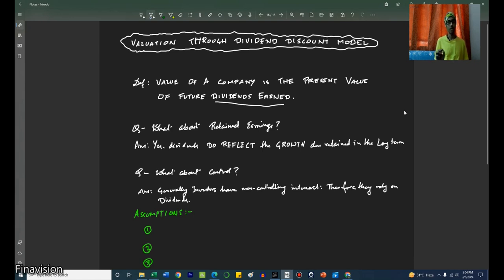Now, the most appropriate situations to use the DDM model or dividend discount model are as follows. We have to assume a few things. Dividend payout has to be stable and correlated to the profits, to net income, which means there has to be a steady kind of dividend payout ratio, like 75% or 50% payout ratio.